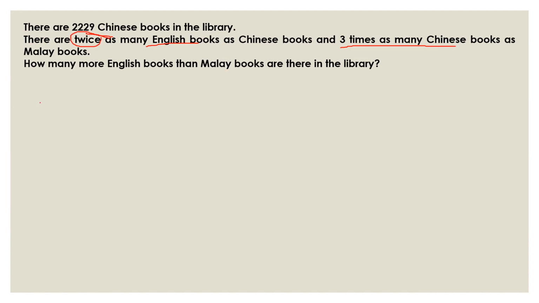And then you may draw the bar modeling here. So first, we compare the Chinese books to the English books. So English books equals 2 units, while the Chinese book is just 1 unit.